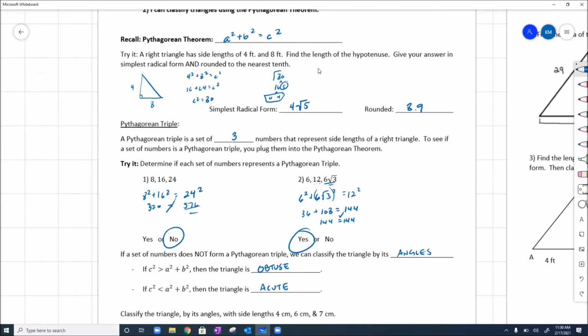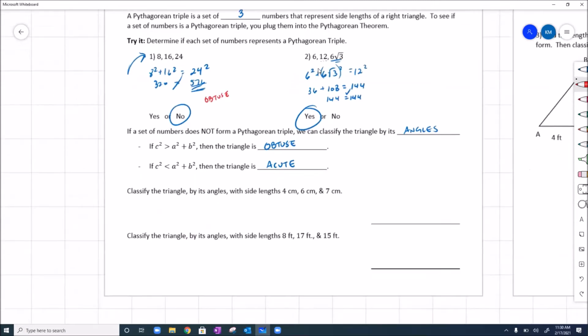So as we look at our first example, 8, 16, 24, we see that c squared is 576, where a squared plus b squared was 320. So this would be an obtuse triangle. They didn't ask us that at the time, but I just wanted to give you an example since we've already done one.